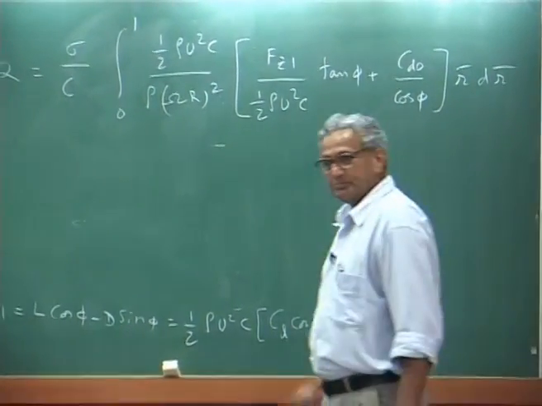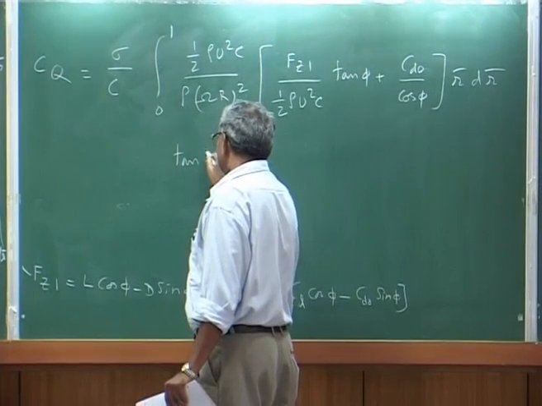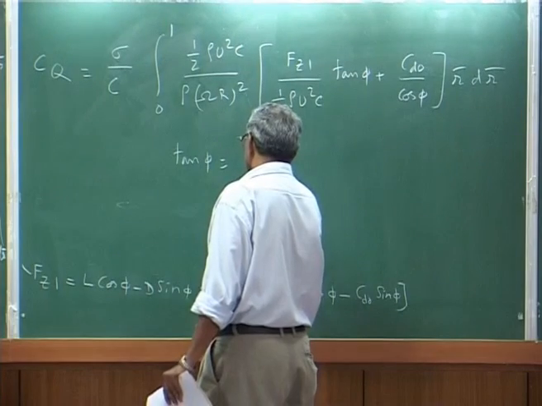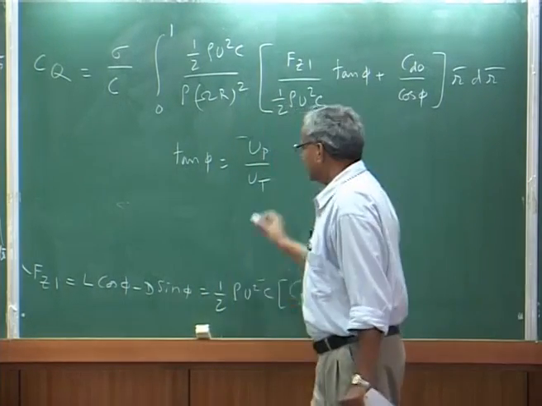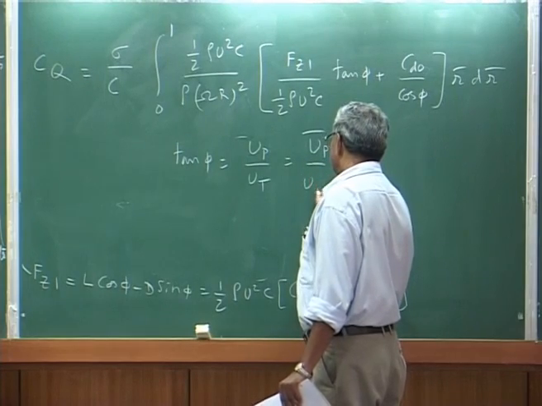And you know from our flow, tan phi is U_P over U_T, or you may also write it as U_P bar over U_T bar, okay.